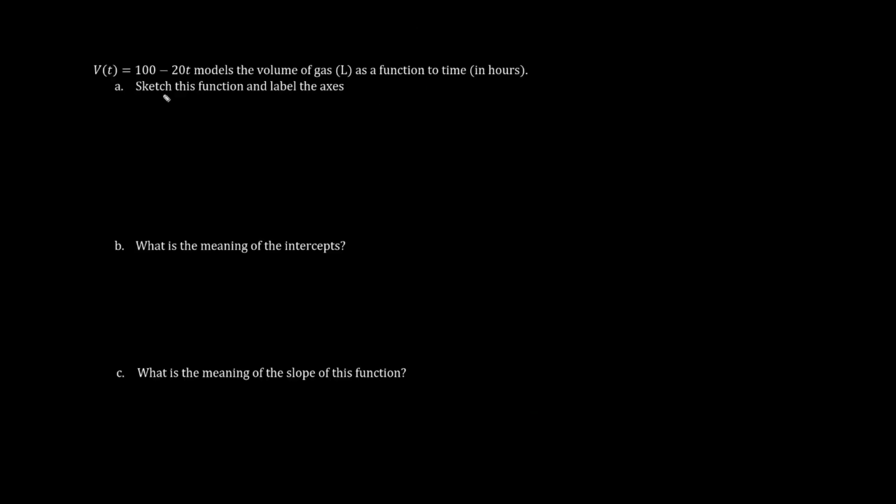V of t equals 100 minus 20t models the volume of gas in liters as a function of time in hours. Let's sketch this function and label the axes. So we have the independent variable time, and we have the dependent variable volume in liters.